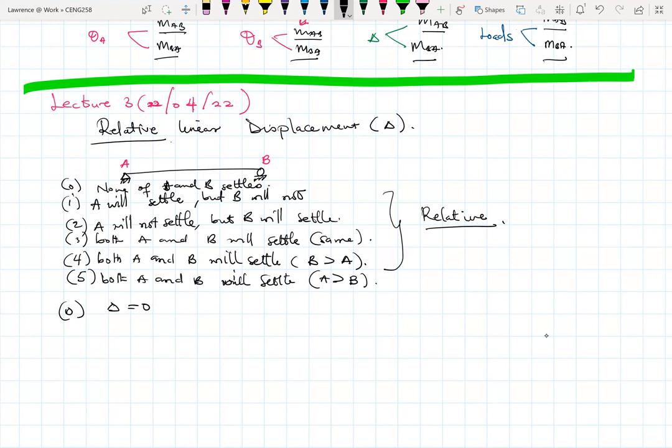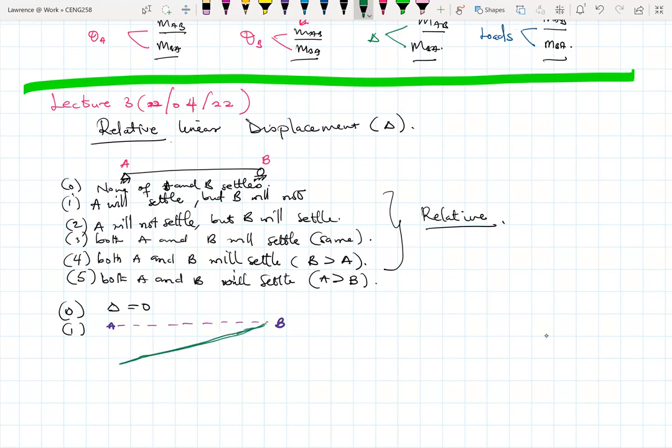Okay. But for case 1, if you have, so now your initial position is this. Okay, so this is A, and this is B, but then with time, this is how your beam now looks like.